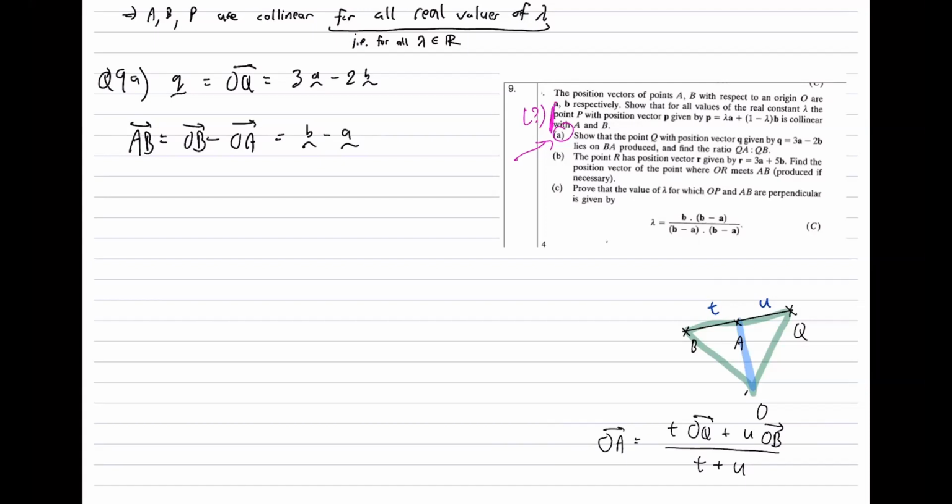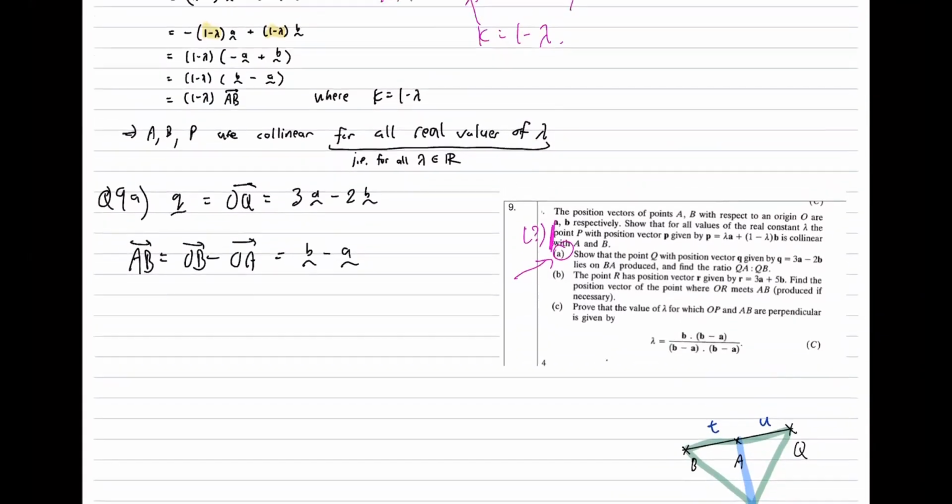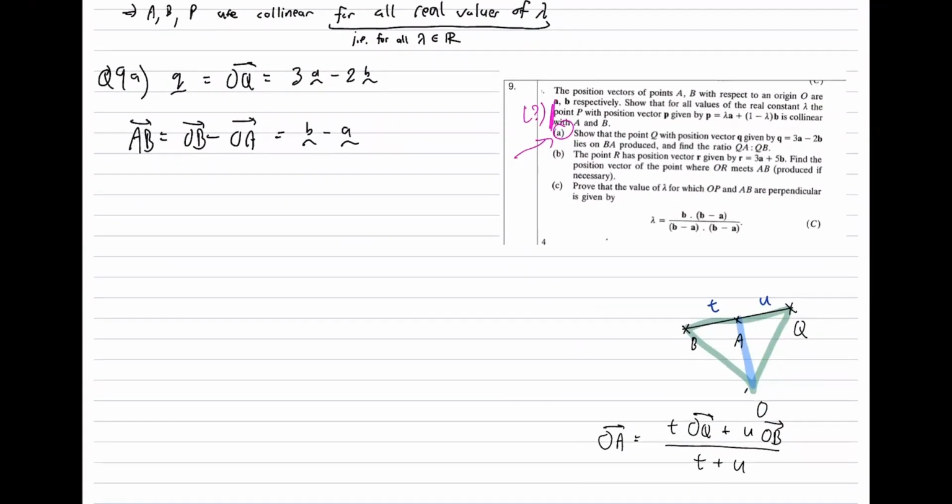OQ is 3a minus 2b. So what does that mean? If we want to show that Q is collinear, maybe it's better if we find out what is BQ.